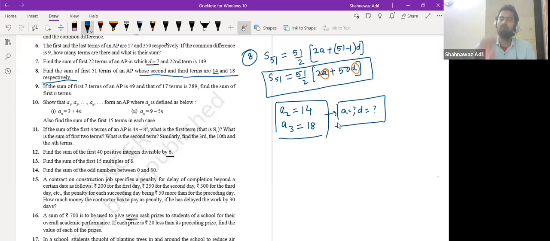Okay, so we use the formula an is equal to a plus n minus 1 into d. Absolutely right.